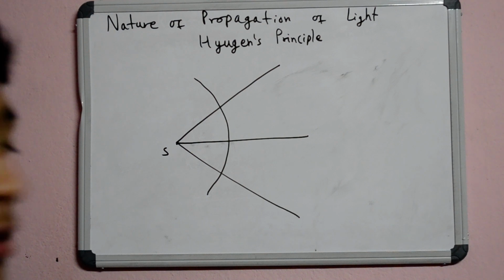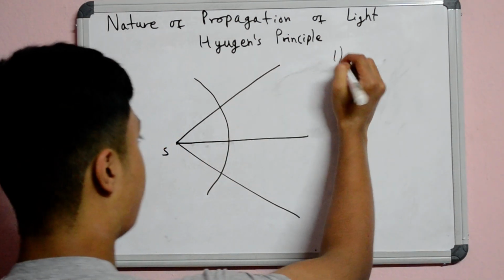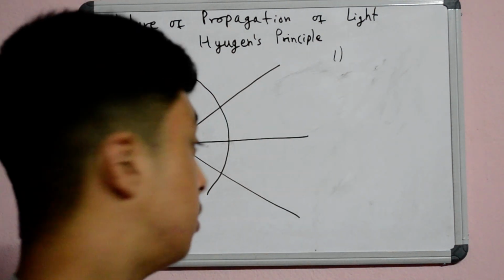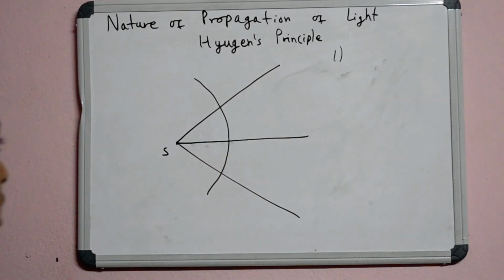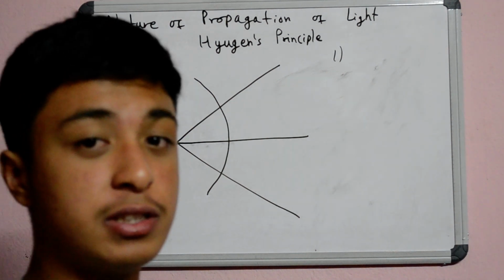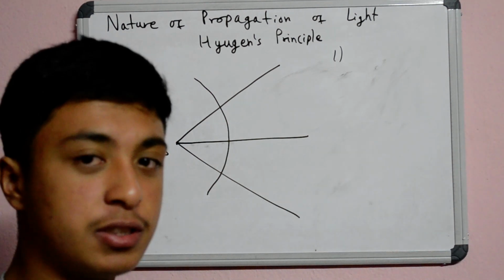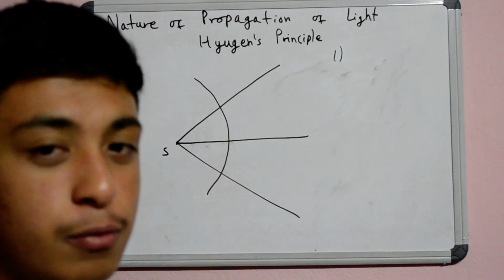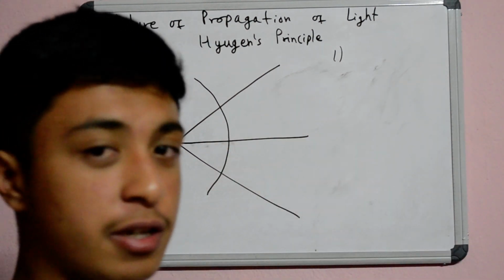The first postulate is that every point on the primary wavefront acts as a source of wavelets for the secondary wavefront. Essentially, every point on the primary wavefront acts as a secondary source of wavelets. Wavelets, if you redefine them in terms of the primary wavefront, are the points in the primary wavefront which give sources for the secondary wavefront.